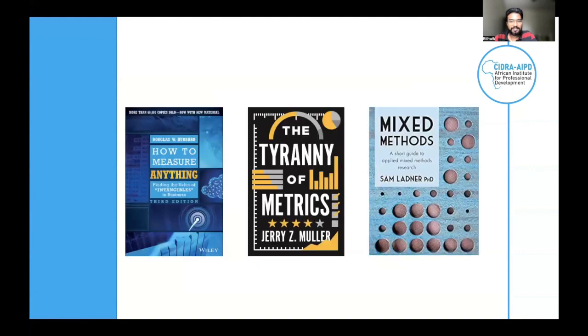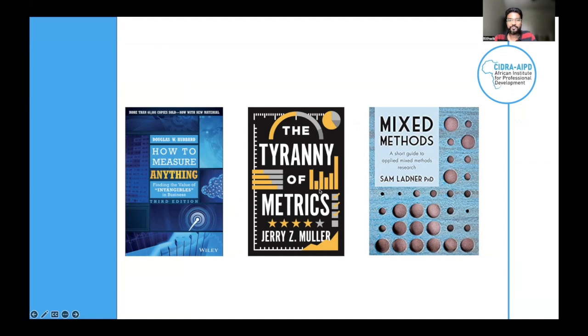And finally, these are some resources, some books that talk about measurement and take different views on the things that we talked about. How to Measure Anything is a really good book about how you can quantify things, measure them, and make decisions on top of it. The central premise of it is that you can measure anything, even the intangibles.